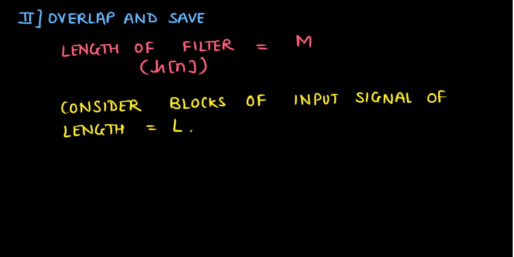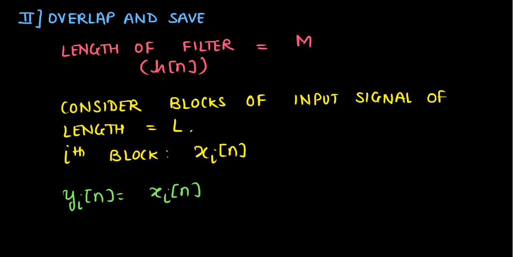Now let's say the ith block is given as xi of n, and if we consider the convolution yi of n as xi of n convolved with h of n, then this yi of n will have length equal to the length of xi of n, that is L, plus the length of h of n, that is m, minus 1.